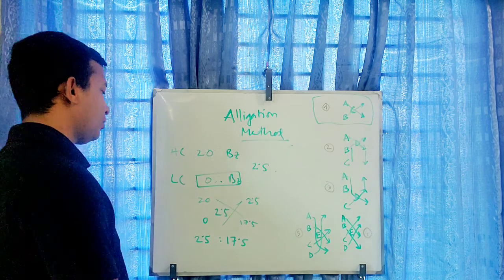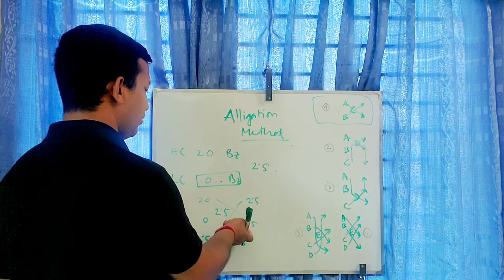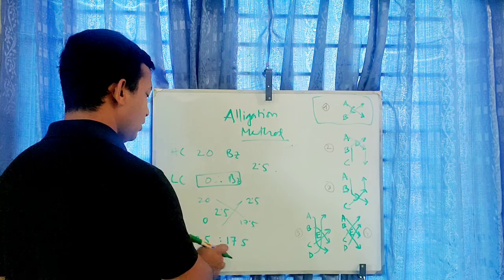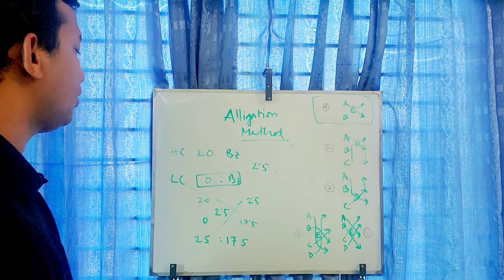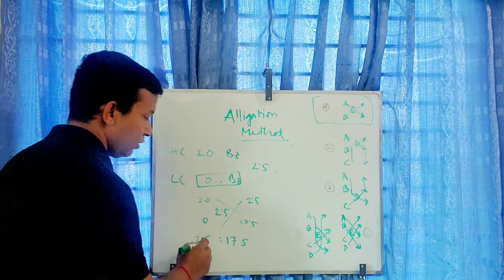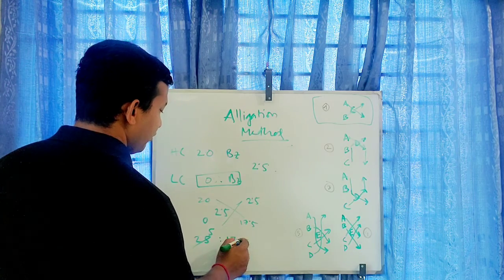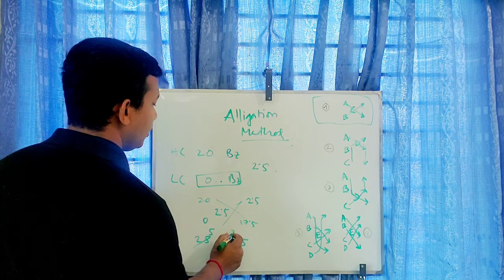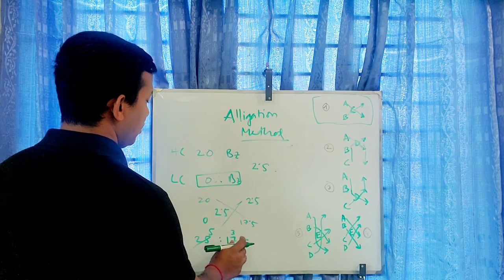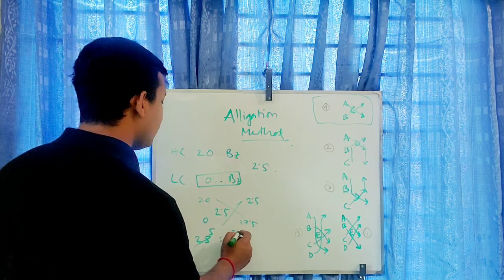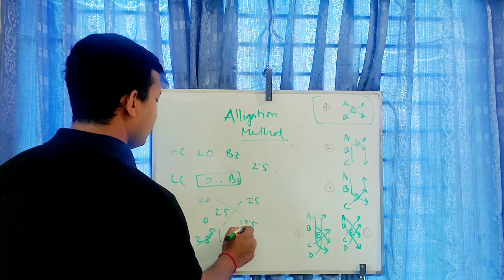We can remove the decimal point from both sides because they are on the same gap. So it is 25 to 175. I think we can divide by 5 again. 5 times 5 equals 25, 5 times 35 is 175, so it's 1:7, I think.